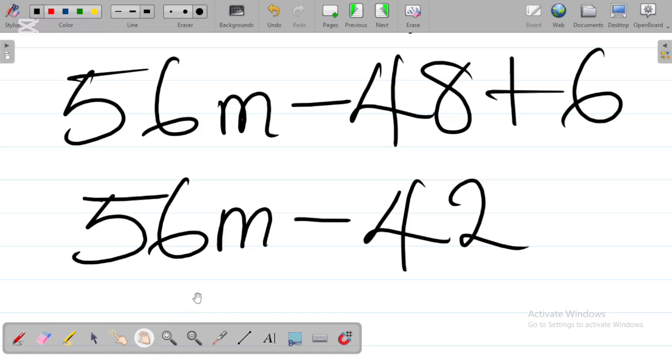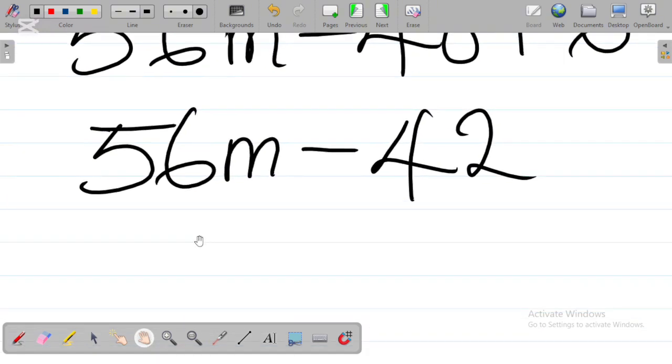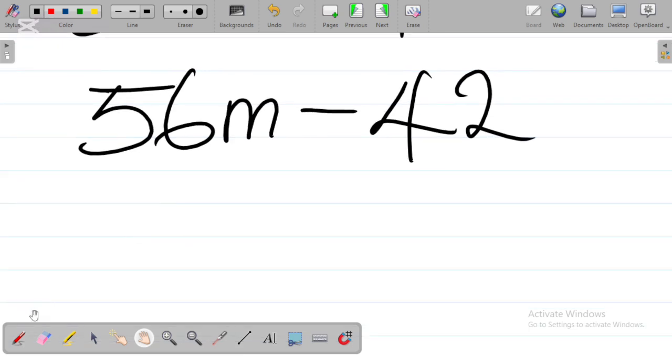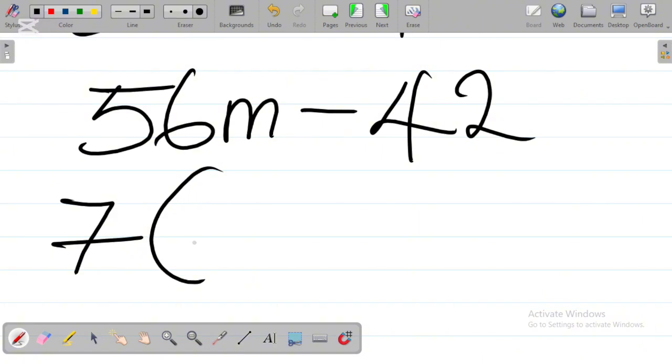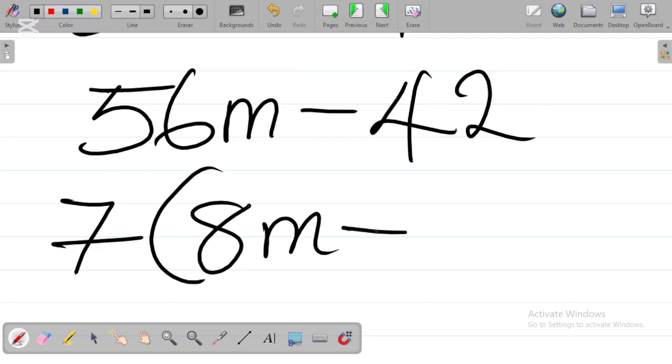So we can now factorize. In the question, we are asked to find if the equation given is a multiple of 7. So factorizing, you will bring out 7 and then open bracket. 56, can 56 be divided by 7? Yes. 56 divided by 7 gives us 8m, and then negative 42 divided by 7 gives us 6.